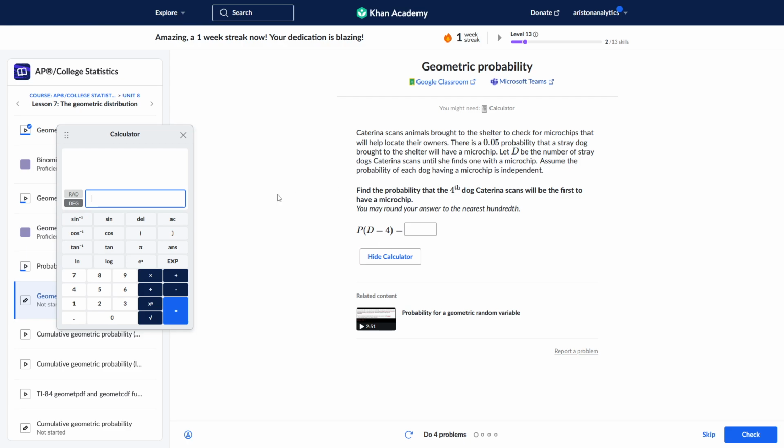D equals 4. D is the number of stray dogs until she finds one with a microchip. Okay, so like this.